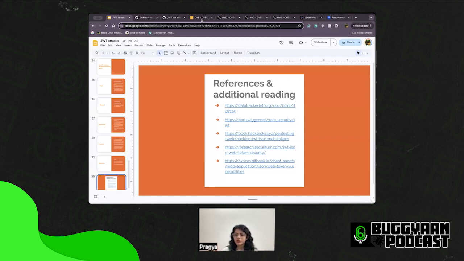Then you can change the algorithm: if it is using RS, you can change it to HS. And if it is using HS, you can try to brute force the secret token. Whatever vulnerabilities I mentioned in the PPT, I try those one by one. And if it is using JWE, there is a different set of vulnerabilities, but unfortunately I haven't covered them here.